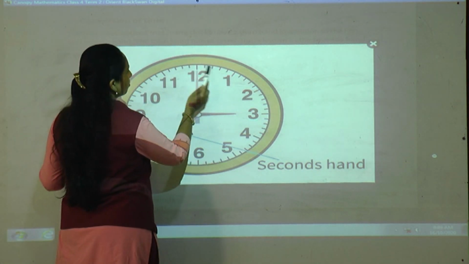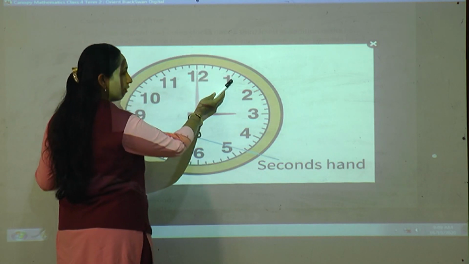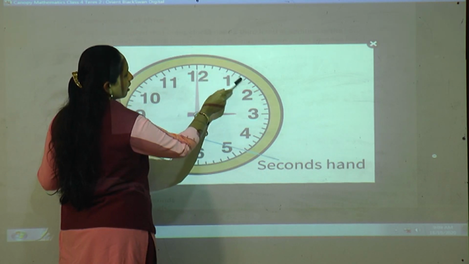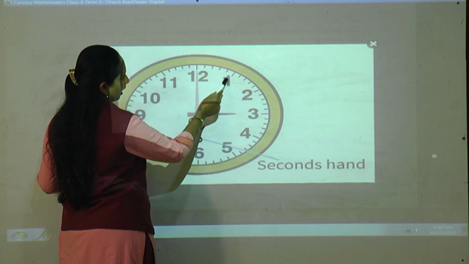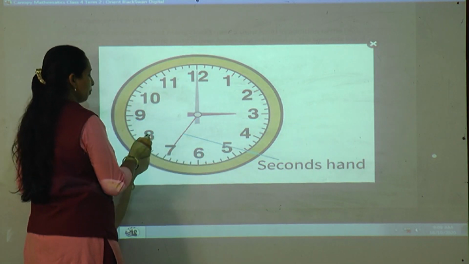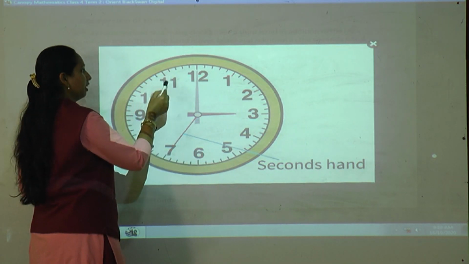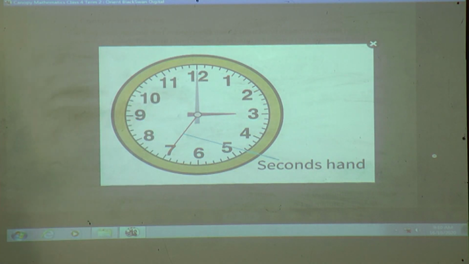You can see between these two numbers how many marks are there? 5. In the same way, between both the numbers 5 marks are there. So when we count 5, 10, 15, 20, 25, 30, 35, 40, 45, 50, 55 and 60, when it completes one round of the clock face, it becomes 60 seconds.